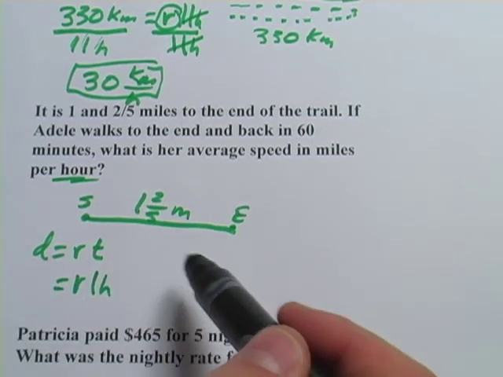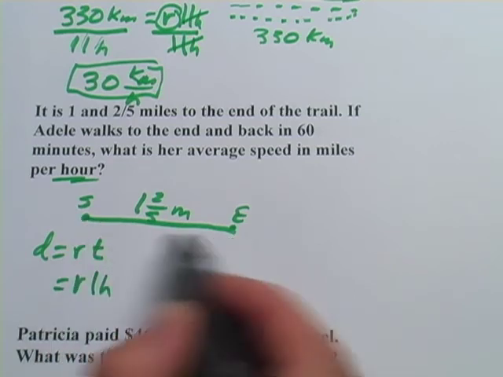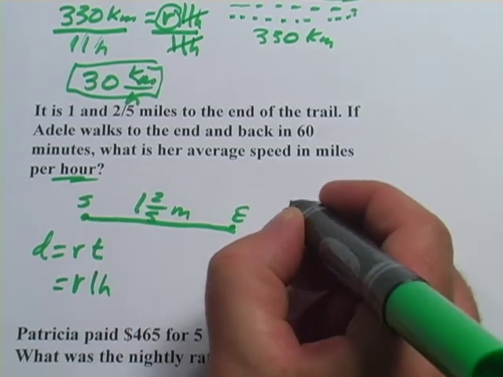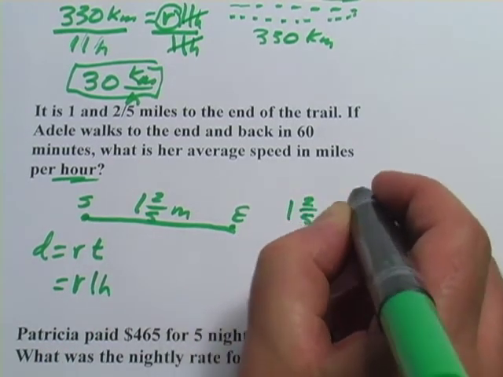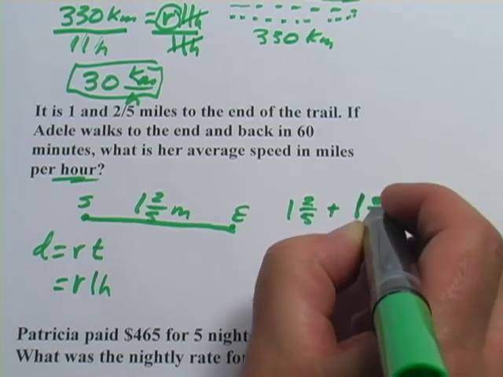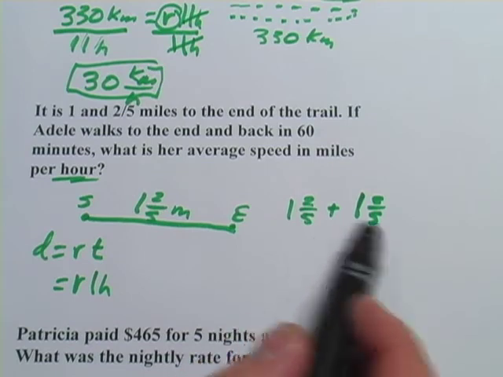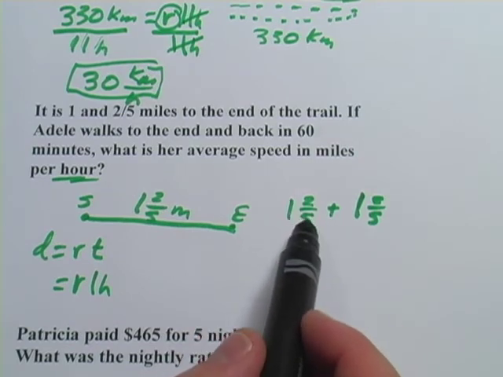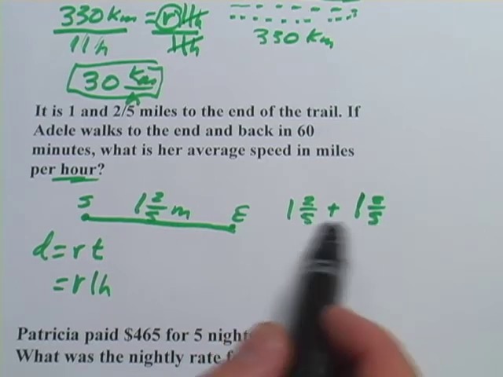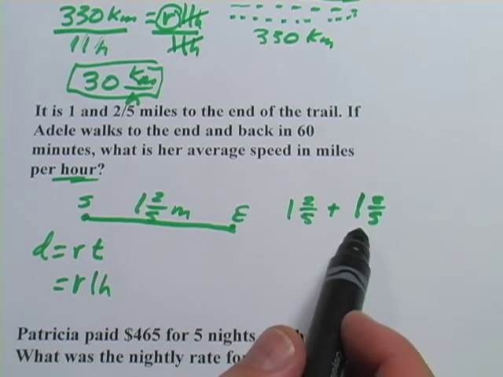Our distance, I have to do a little bit of work because she's going there and back. So it's 1 2/5 plus 1 2/5. If I wanted to do this addition of fractions, I could convert from a mixed number into an improper fraction, and then since they had the same denominators, they would add easily.